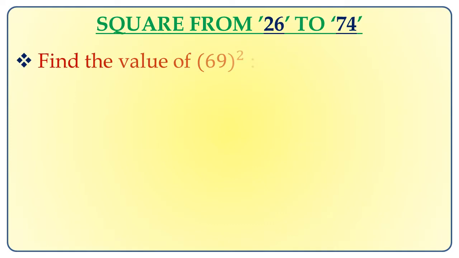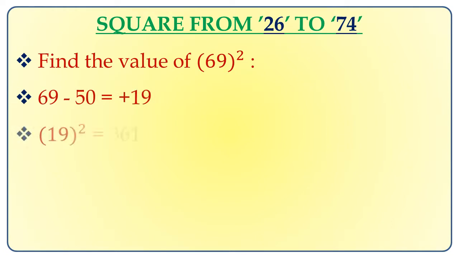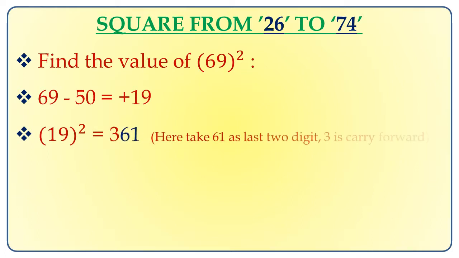We take one more example. Find the value of 69 square. Again this number is more than 50, so the difference will be positive. The difference of 69 and 50 is plus 19. We have to find out the square of 19. It is 361.